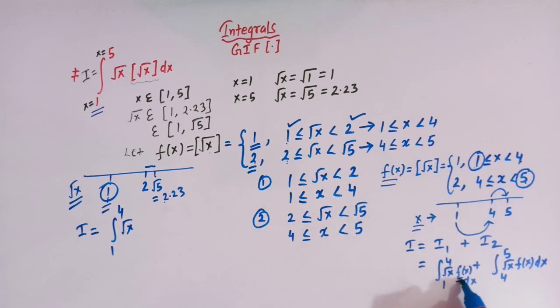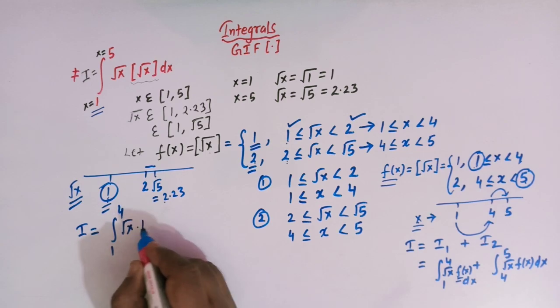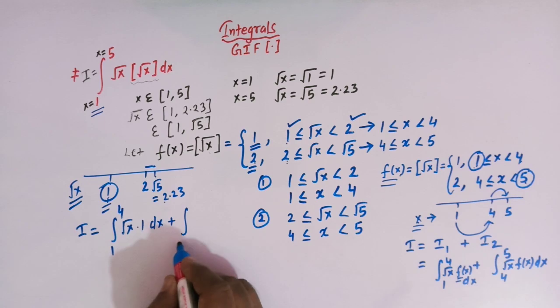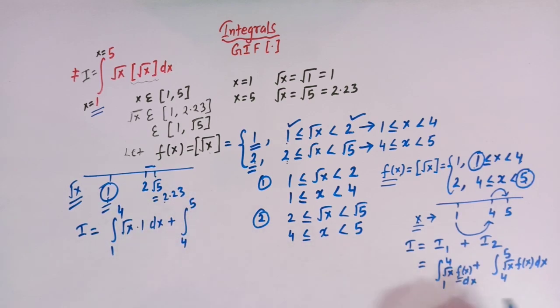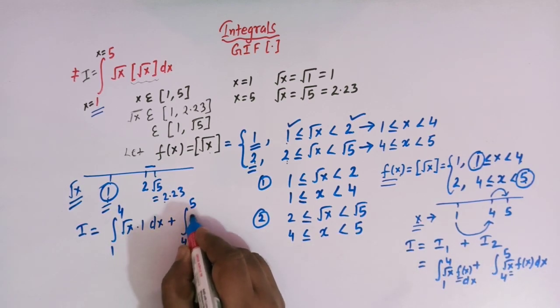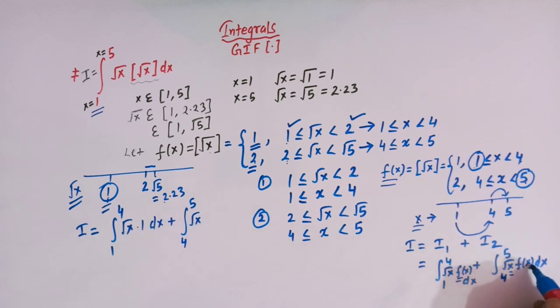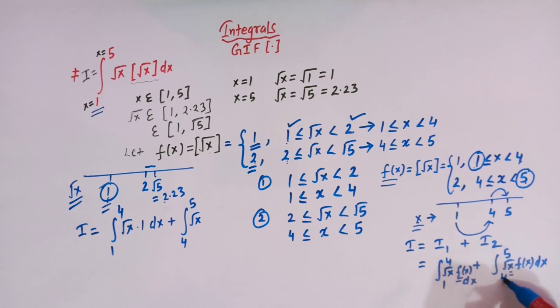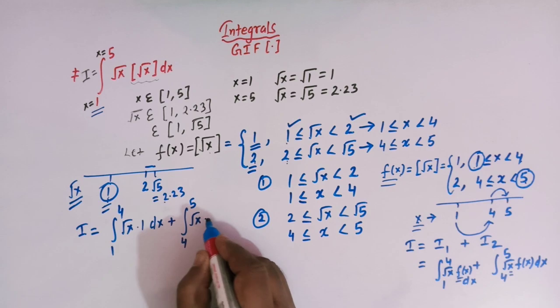So here for f of x we can now write 1, and now here we have 4 to 5, root x, and f of x takes the value 2 when x goes from 4 to 5, right? So here for f of x we can write 2.